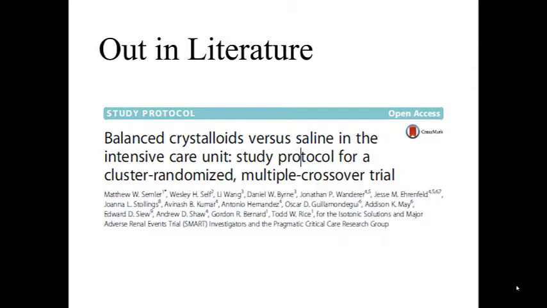I hope that they will enroll more sepsis patients and that they will not have the limitations we have with the previous studies, but we do not have that study published yet, so we'll wait for that. So that's all I have. Thank you so much.